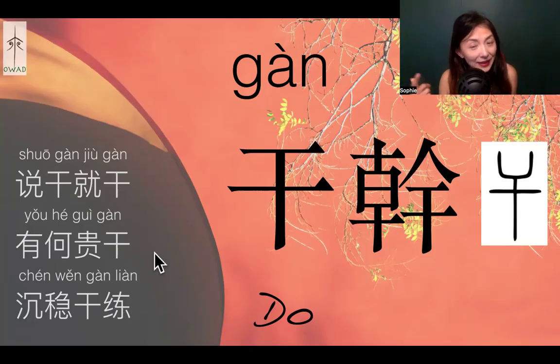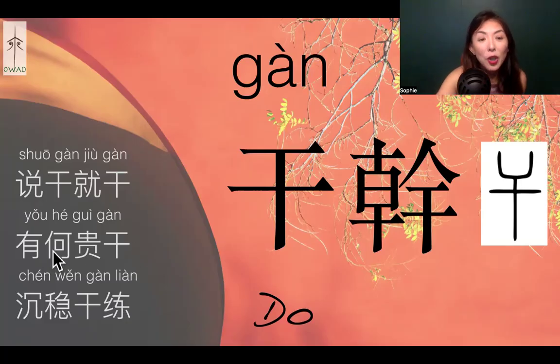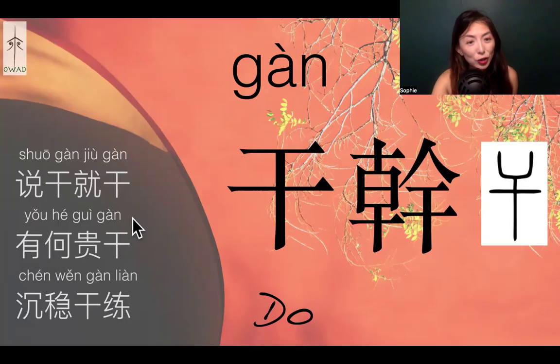But the Chinese equivalent, 有何贵干, is addressing you. Like, what are you going to do? What's precious, important doing? 有何: 有 means have, 何 means what. So what have? 贵干, that's precious doing.